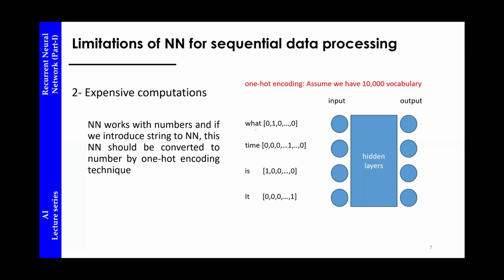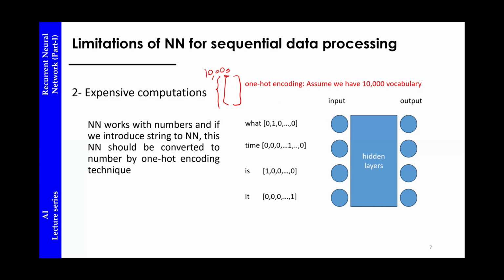I'm not sure how many vocabularies in English we have, but it's just an example, maybe 30,000, maybe 50,000 vocabularies. And we make a vector with a length of 50,000, for example, or 10,000. Here I use 10,000.